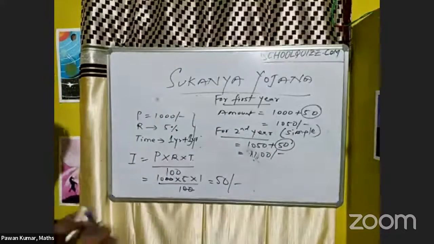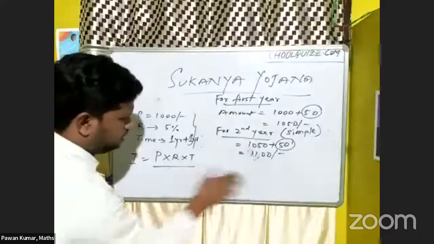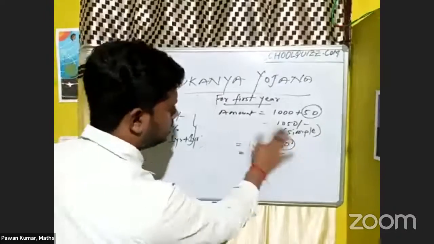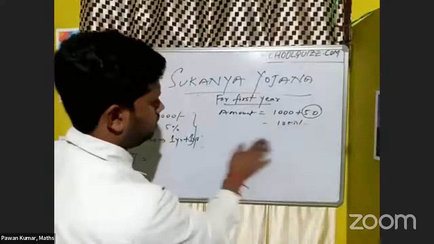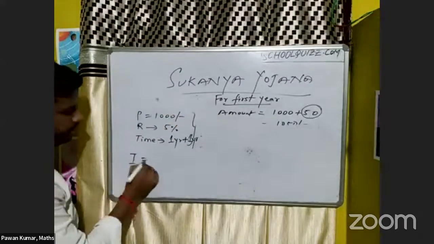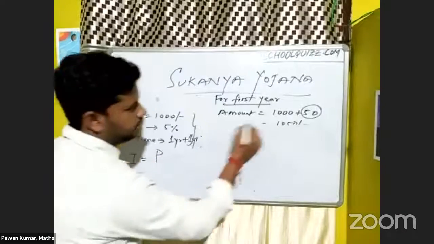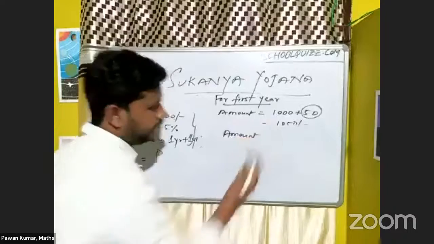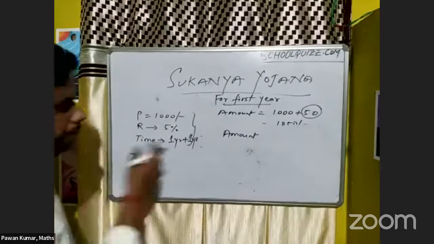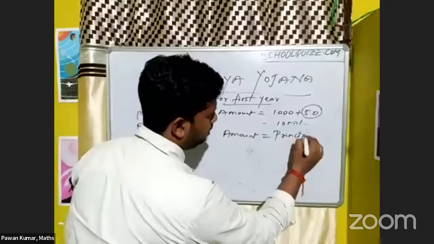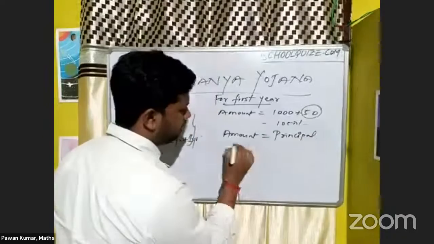Now suppose it is compound interest. For the second year, your amount is converted into the principal. If it is compound interest, your amount becomes the principal, and now the principal is changed.